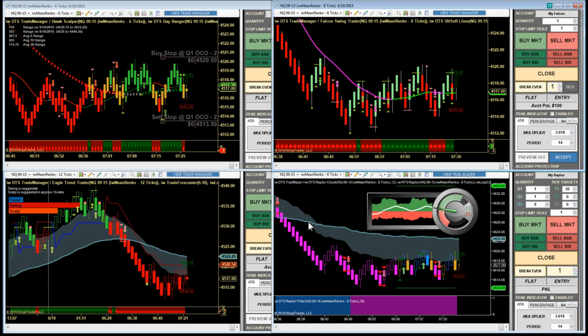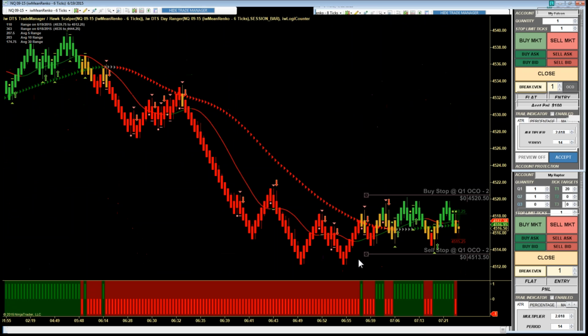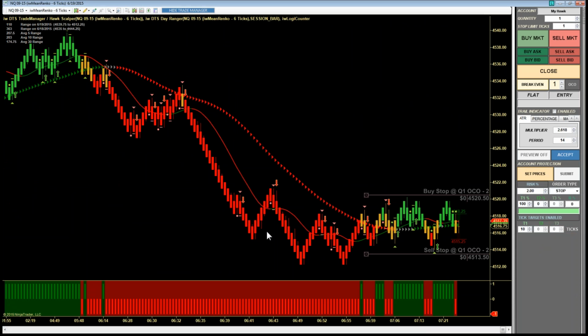Wow. Look at how even this is. I think I've mentioned to you before that a lot of traders refer to this type of trading as barbed wire, and they just avoid it altogether.